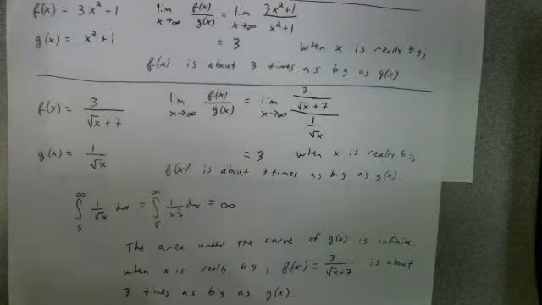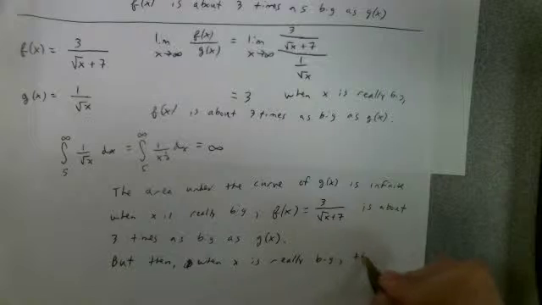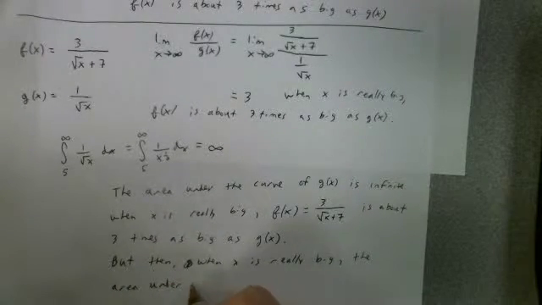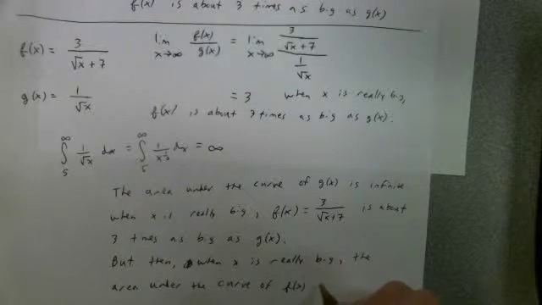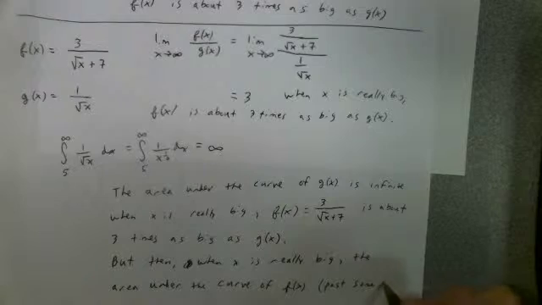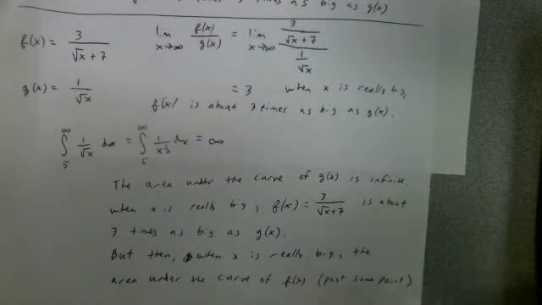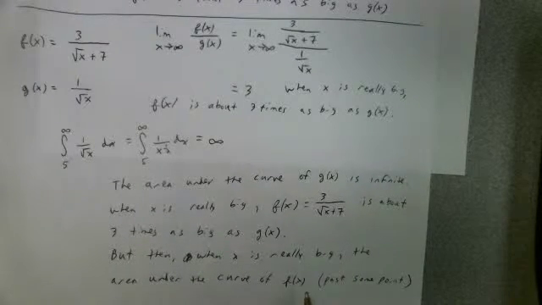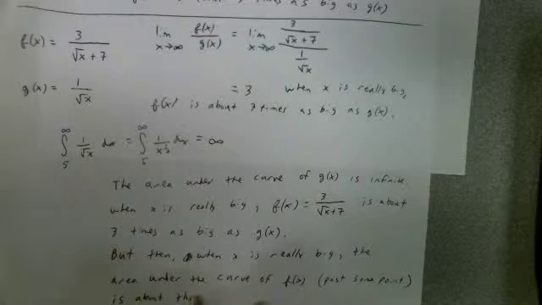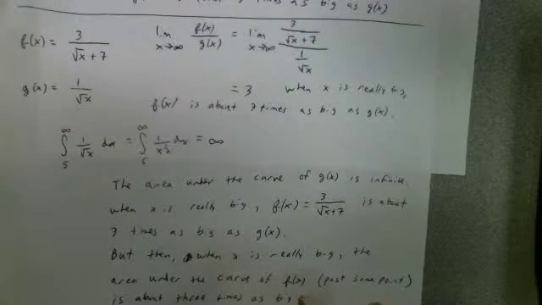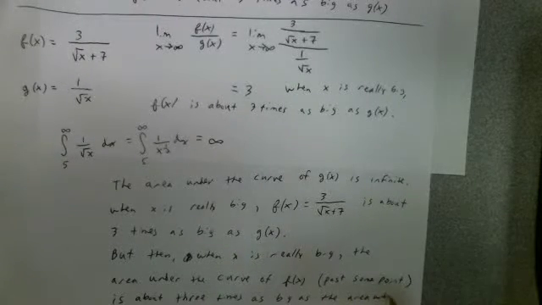Well, but then, when x is really big, the area under the curve of f of x, so we're only considering the area under the curve past some big number, past some point, is about 3 times as big as the area under the curve of g of x.